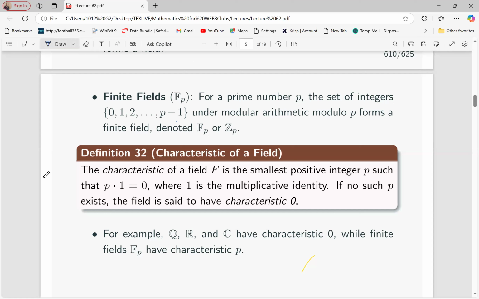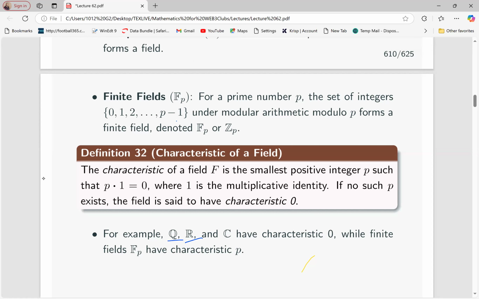For instance, I've given an example here. If you consider the rational numbers, the real numbers, or even the complex numbers, and take elements like 1, 2, 3, -1, -13, I cannot see an element which, when multiplied by 1, will give me 0. 1 times 1 will not be 0. 2 times 1 will not be 0. 3 times 1 will not be 0. -13 times 1 will not be 0.